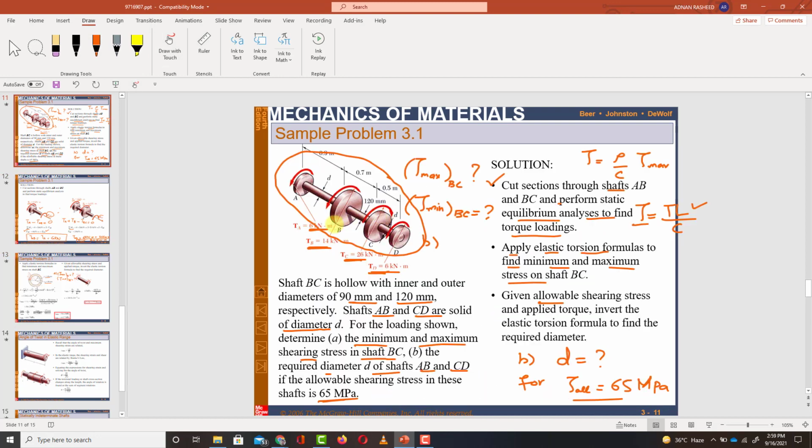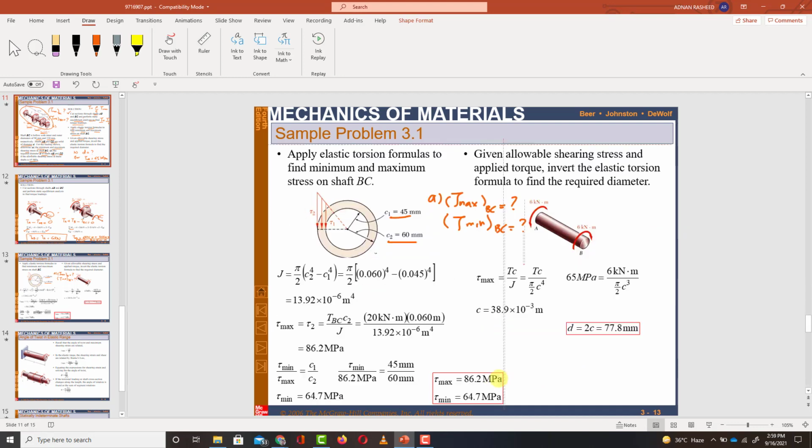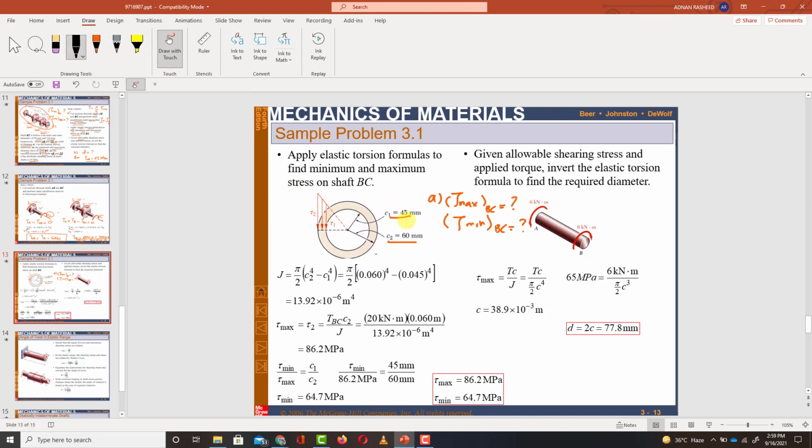Let me show you in the question as well. The inner and outer diameters are 90 and 120. So inner radius will be 45 and outer radius will be 60, because we are dealing with radius, so we have to convert into radius. Okay. So you can see that C1 is 45 and C2 is 60 millimeter.